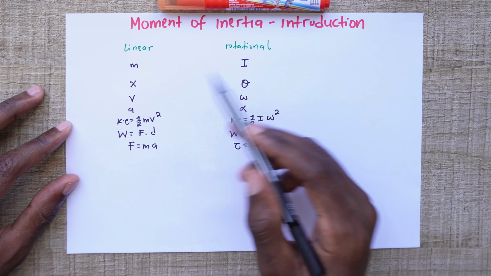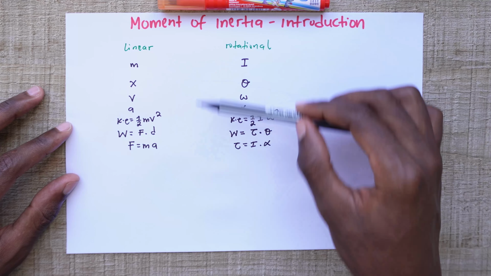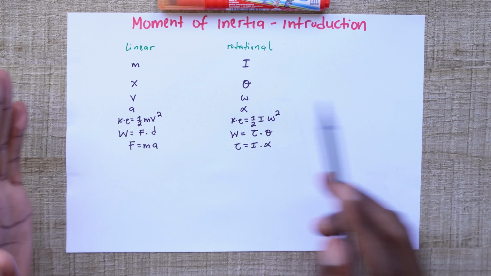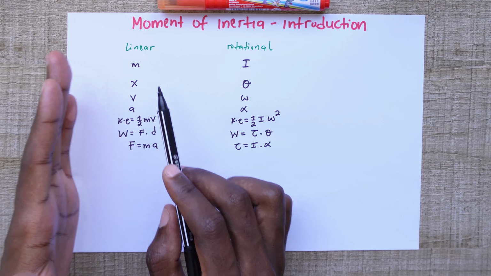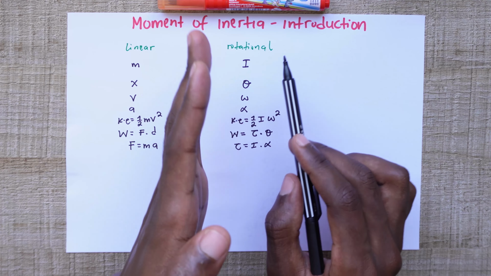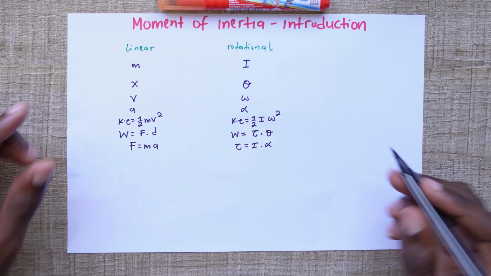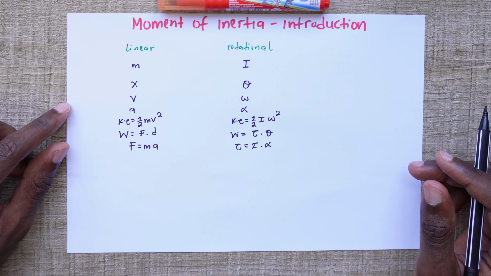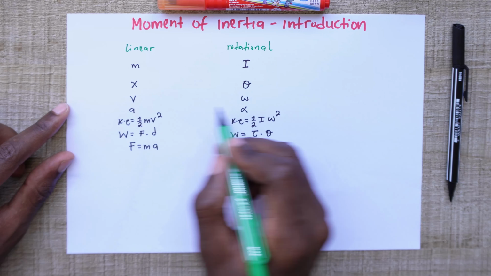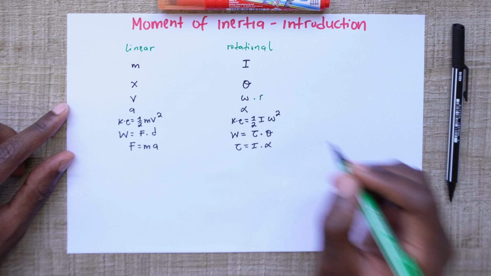So these are really the various quantities that you can have in linear motion and what they become in a rotational motion. Usually when you have a quantity in a linear motion that you want to express in terms of its counterpart in rotational motion, you just need to multiply it by r, which is the distance to the axis of rotation. For example, the velocity is related to the angular velocity by just multiplying by a distance r.